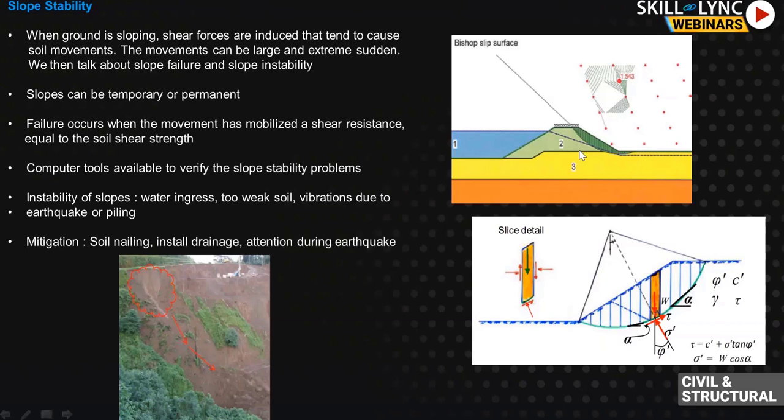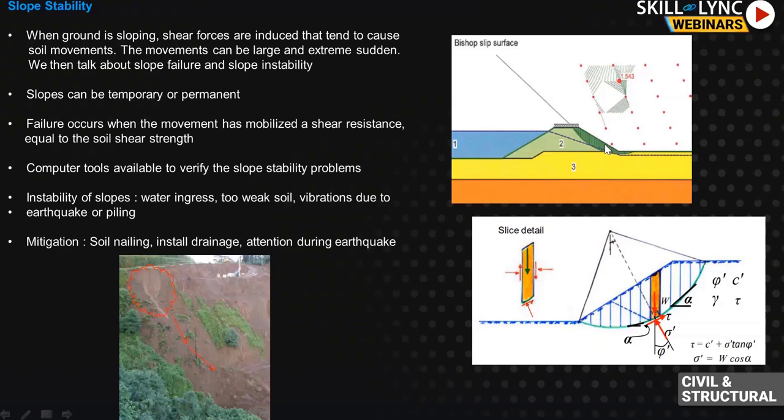Suppose this height is 2 meters, then this should be 3 meters. Likewise, you have to determine it by trial and error until you reach a factor of safety of 1.2. If it is a temporary case, you will use a factor of safety of 1.2. If it is a permanent case, you will use a factor of safety of 1.3. Unless you achieve that factor of safety, you will have to keep on iterating.